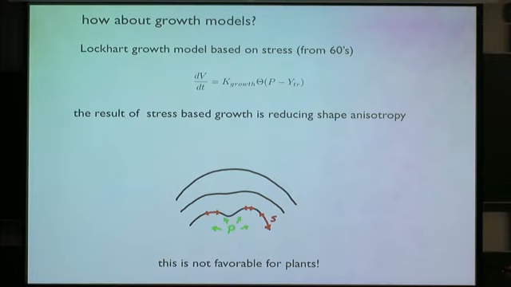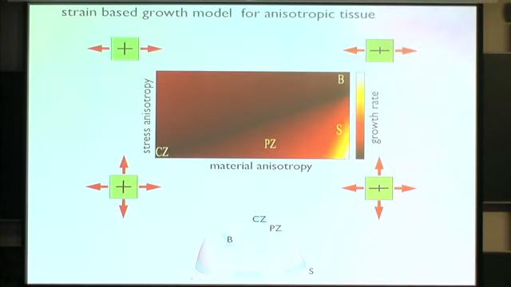And this is a stress-based growth model. So we asked, what if we have an anisotropic material and we employ a strain signal for the growth? And this is the strain rate on the same setup as we have seen before, when we have played with the different values of the stress anisotropy and material anisotropy.